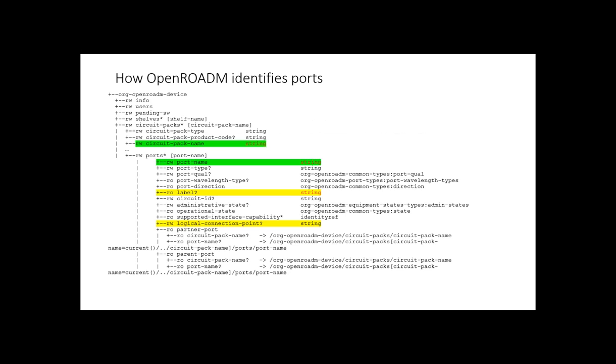As you can see here, the port name is a string inside a circuit pack that is again a string. Having a local scope, the port names always have to be put together with the circuit pack name, because we can have similar port names in different circuit packs.